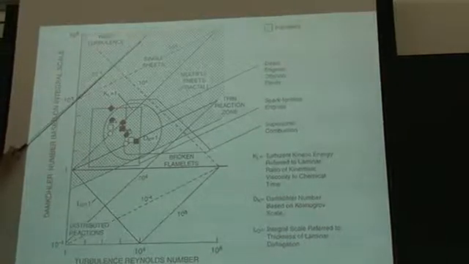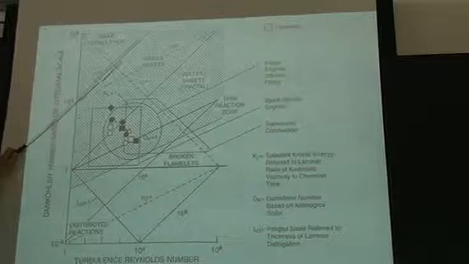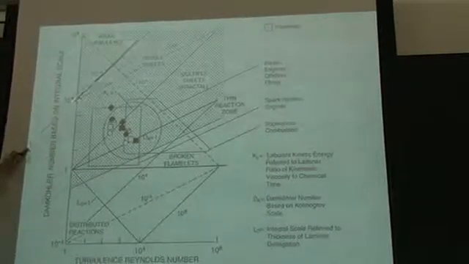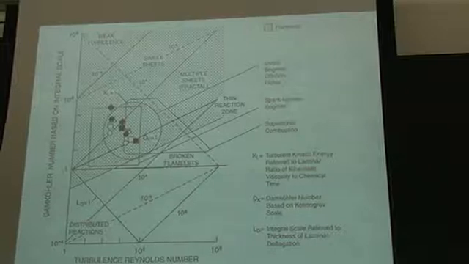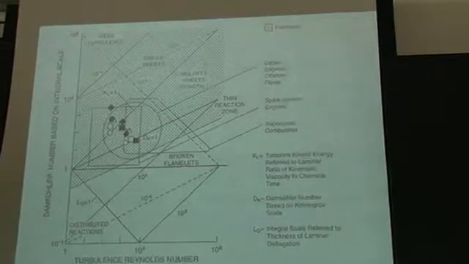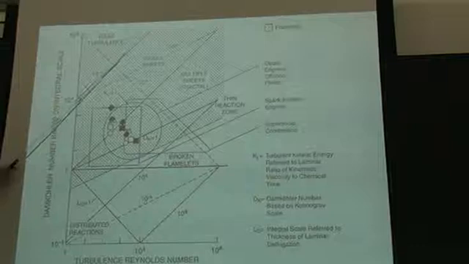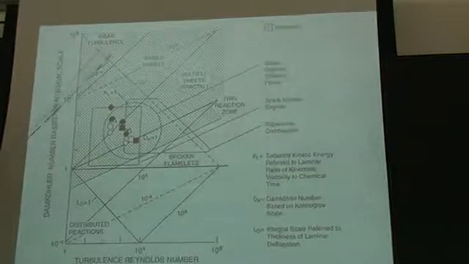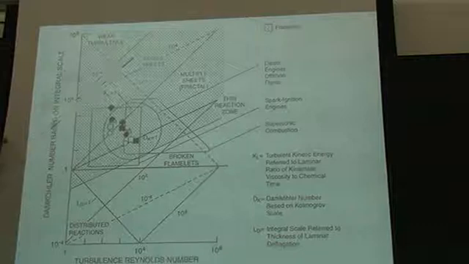So this is a fixed ratio, and this turbulence intensity here is 10 to the minus 4 times the laminar burning velocity. The laminar burning velocity is much higher than the turbulence intensity above this line.